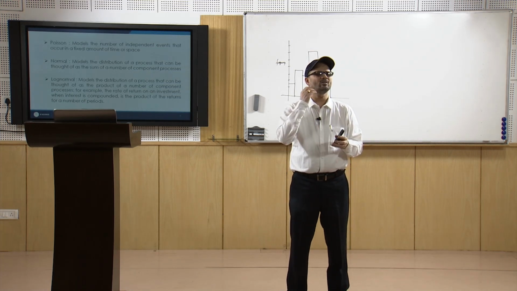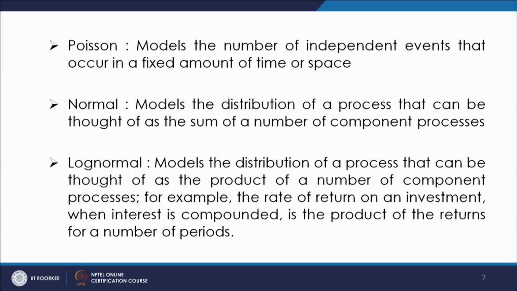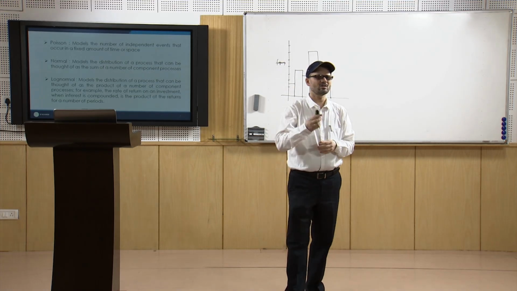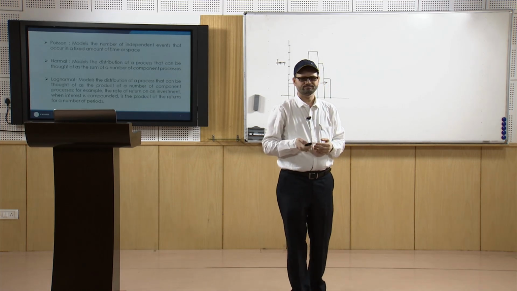Like the rate of return on investment when interest is compounded is the product of returns for a number of periods. In such cases the log normal distribution holds good.